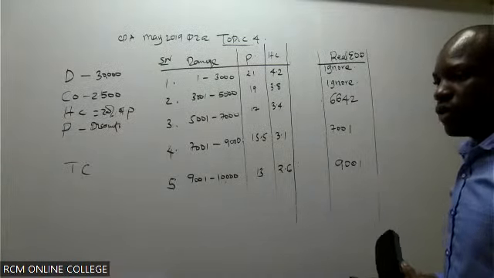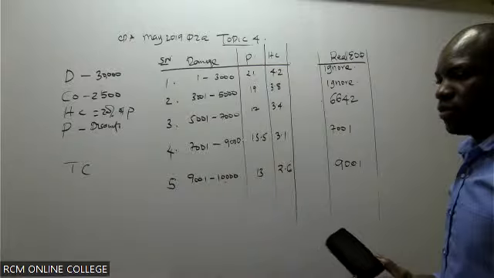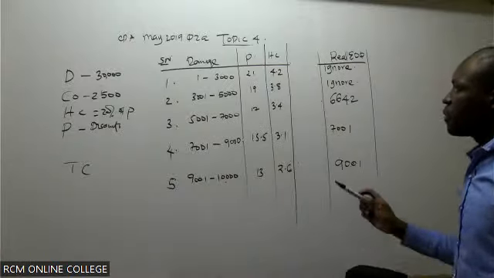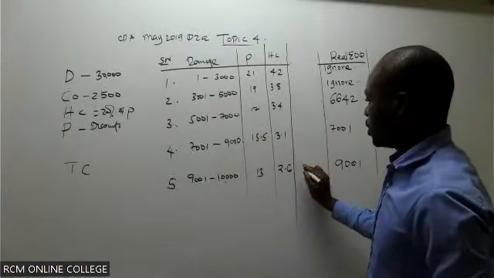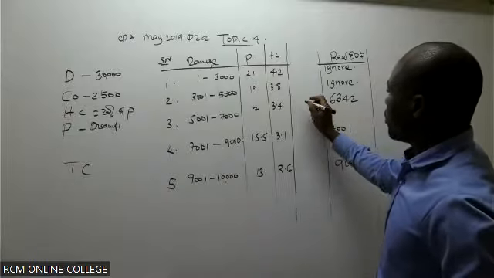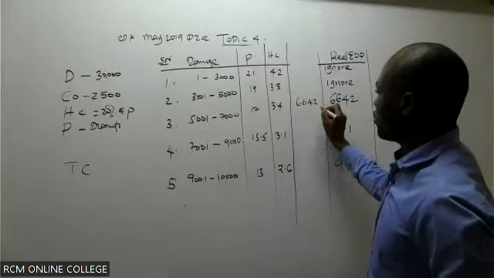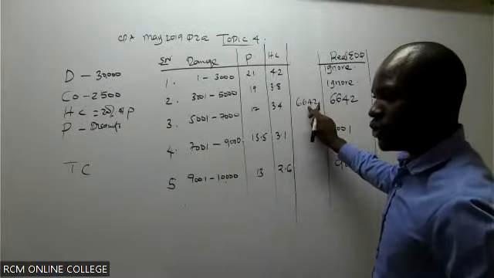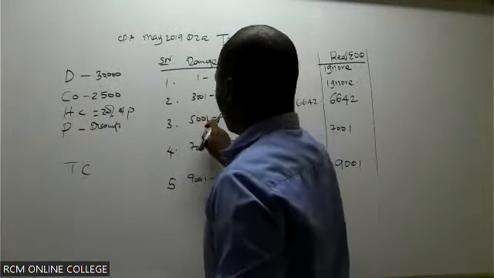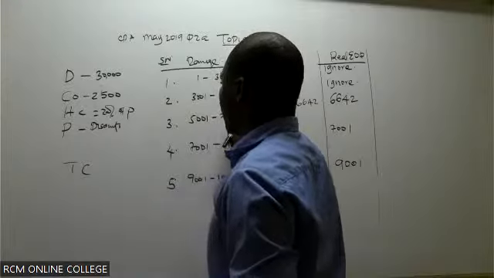Can you pick any amount between this one and this one in the exam? Yes. Let's say our calculated economic order quantity, which we did here, was 6642. Look here carefully. 6642 is within this range, between 5,001 and 7,000.